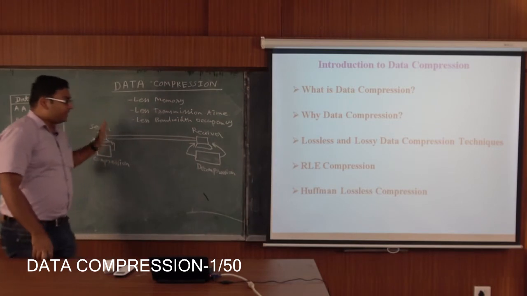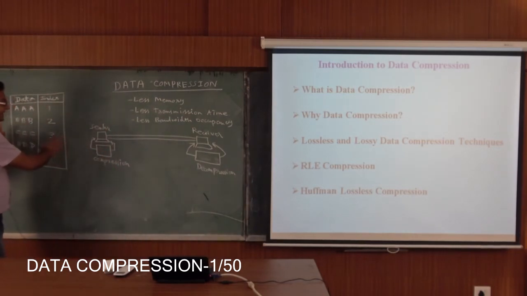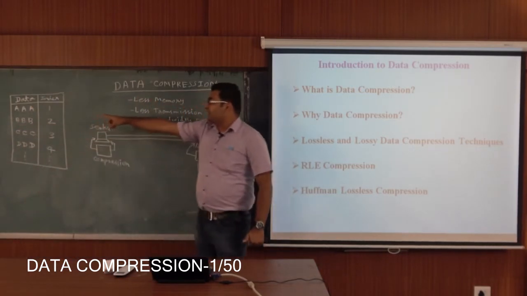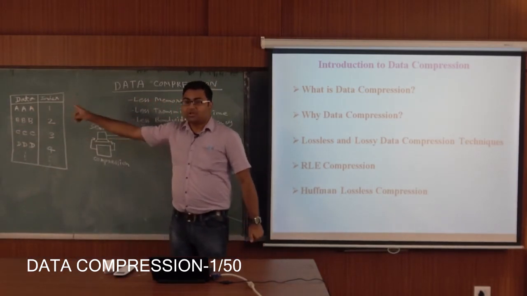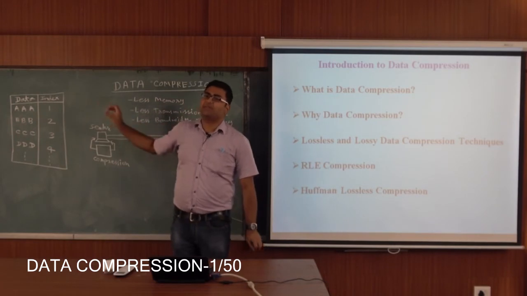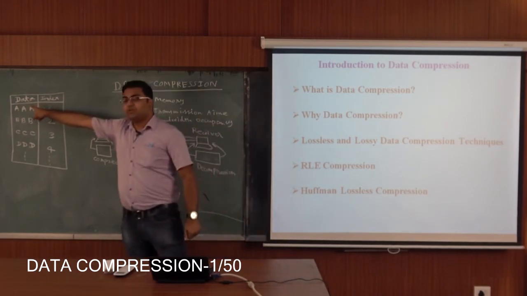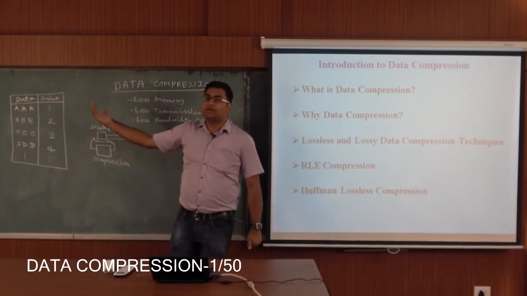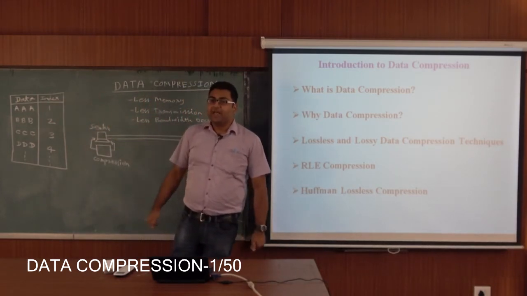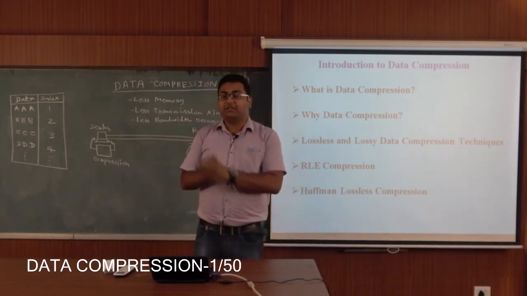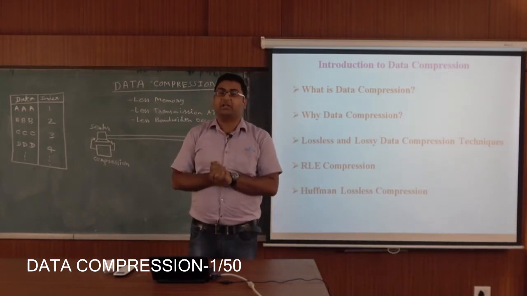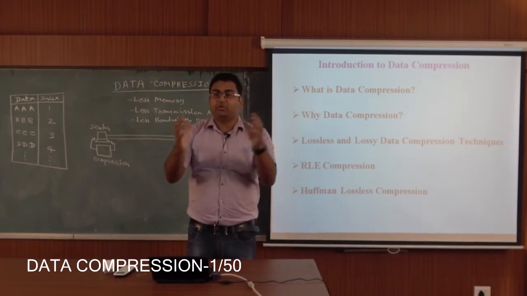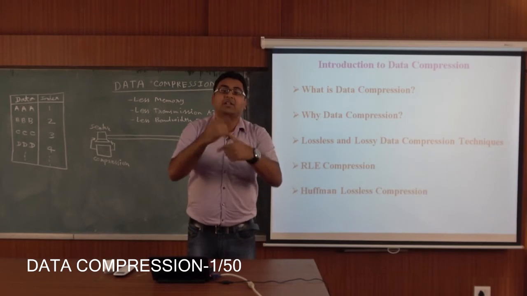So here I am giving a very simple example in terms of a data dictionary, where two columns are there. We can assume this as a basic dictionary. The left column will represent the data, the right column will represent the index. The left column will represent some repetitive characters of data. Data compression is such a technique in computer communication, for digital data, where the characters that mainly come in a repetitive fashion, we try to reduce that repetition or redundancy of data.